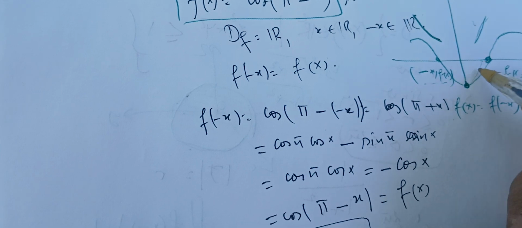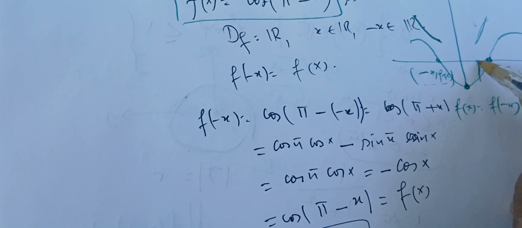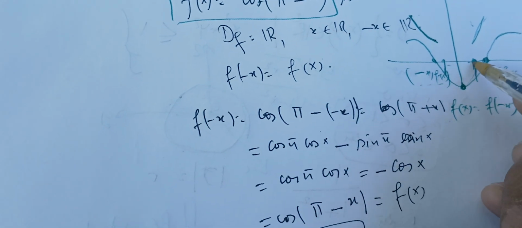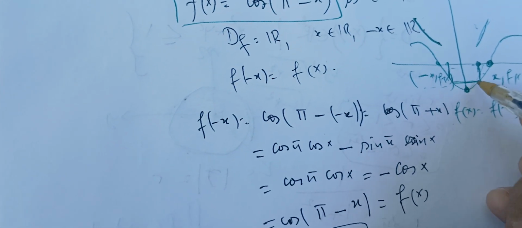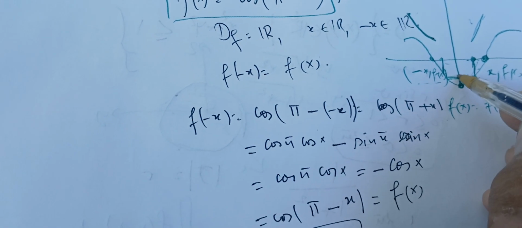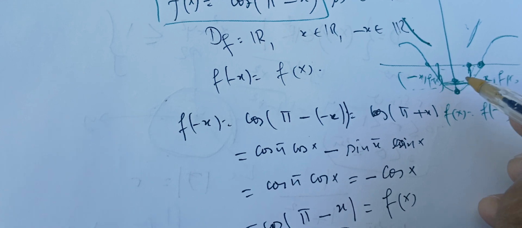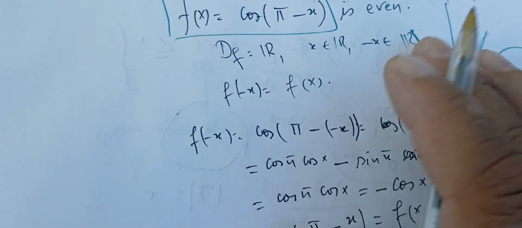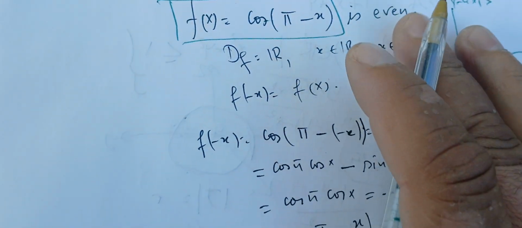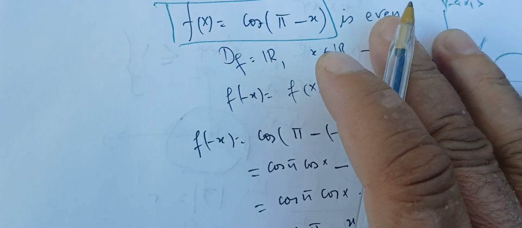Let's use this one here, our x, and this is our minus x, and we see that they have the same value. Anyways, this is the geometric and algebra explanation for this result.